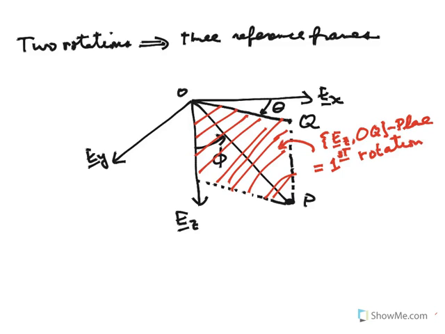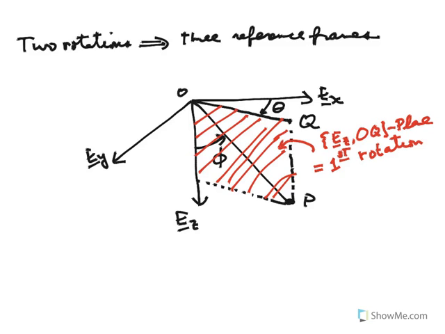The second rotation is much more difficult to see, but we're going to use a couple of other augmentations here to try to help visualize it. So if you see here, there's a direction that's normal to the EZ OQ plane, which I can form by taking the cross product of EZ with OQ.